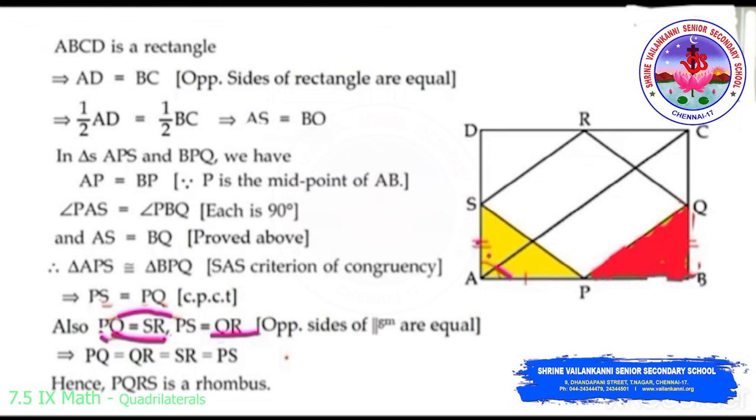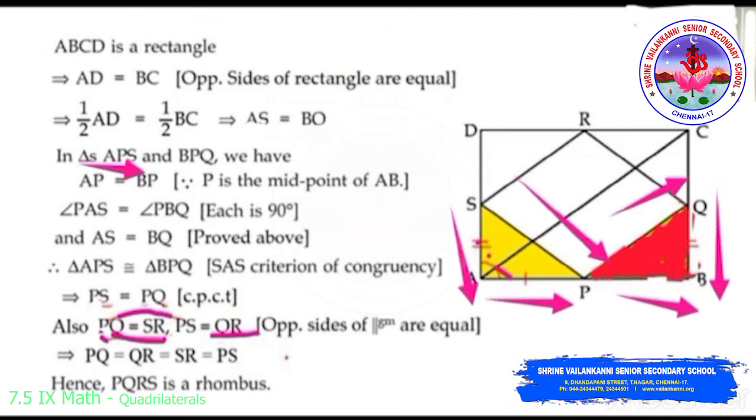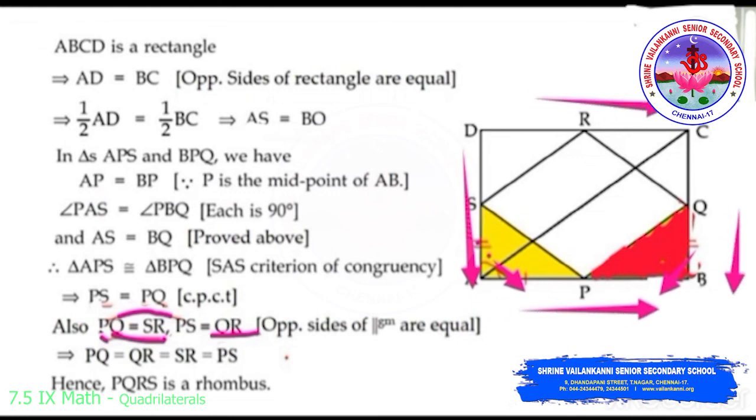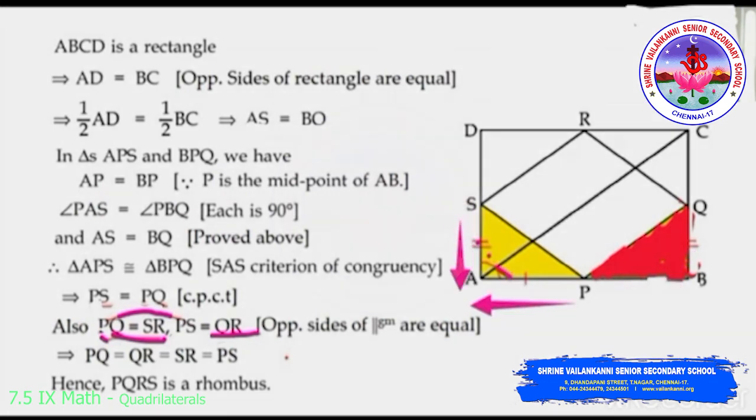Consider triangle APS and triangle BPQ. We have AP is equal to BP, since P is the midpoint of the line segment AB. Also we know that angle A is equal to angle B, which is equal to 90 degrees, since ABCD forms a rectangle. So I am writing angle PAS is equivalent to angle PBQ, which is equivalent to 90 degrees.